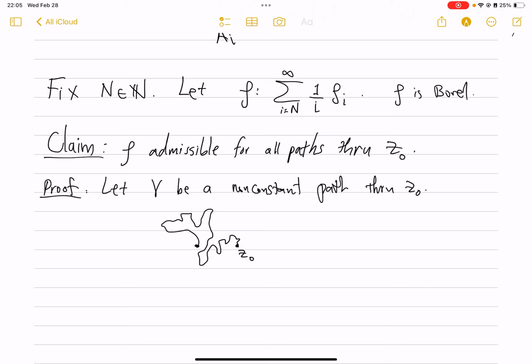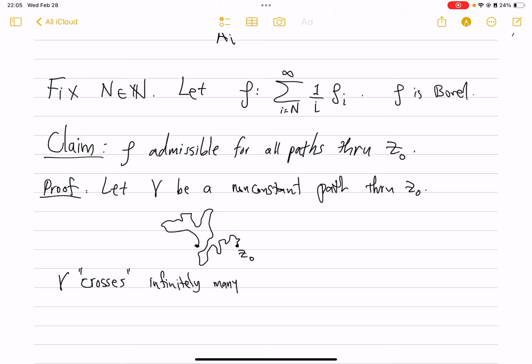From the intermediate value property, we see that gamma crosses, in the understandable sense that it joins boundary to boundary, infinitely many annuli.